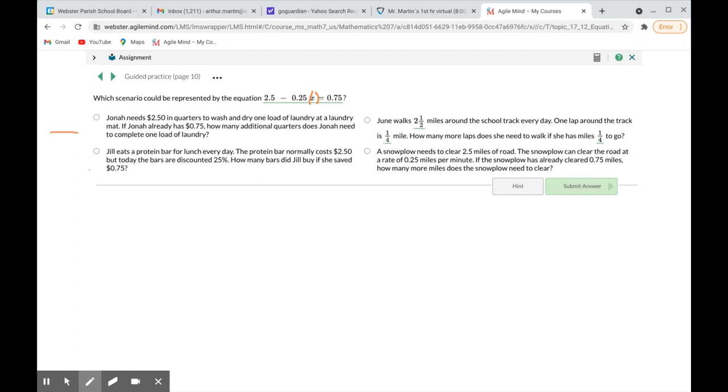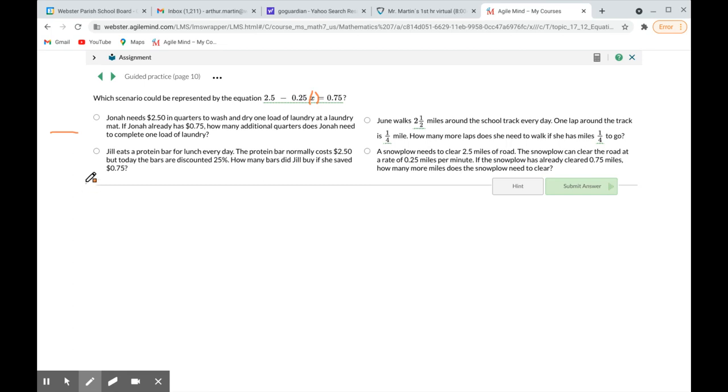Yes, it would, because 250 would be how much money you would have, and then you would... wait, no, it wouldn't work. Yeah, I don't think it's going to work either.